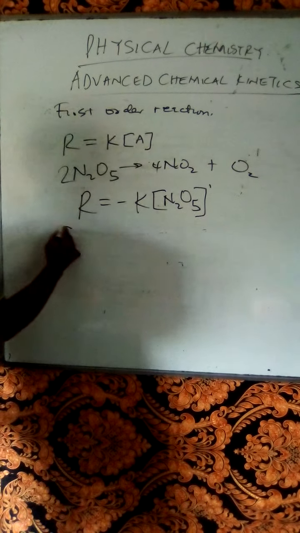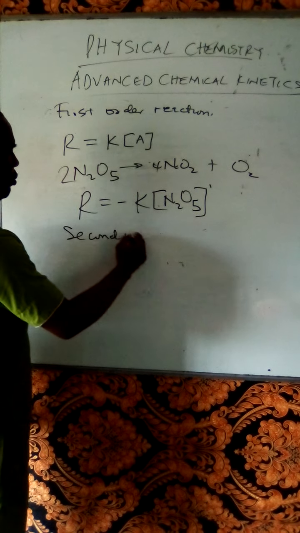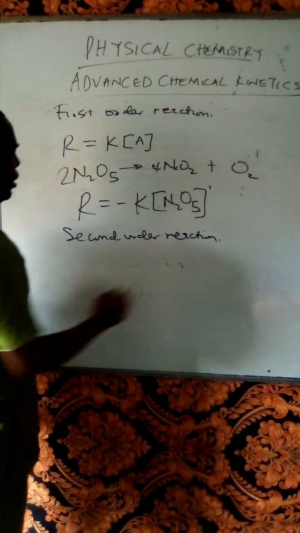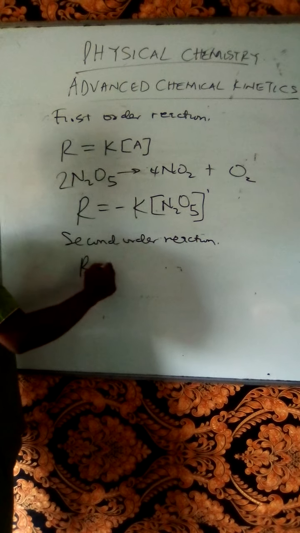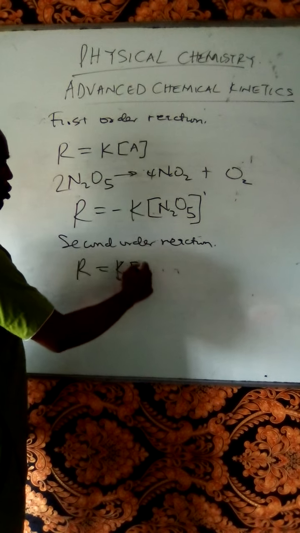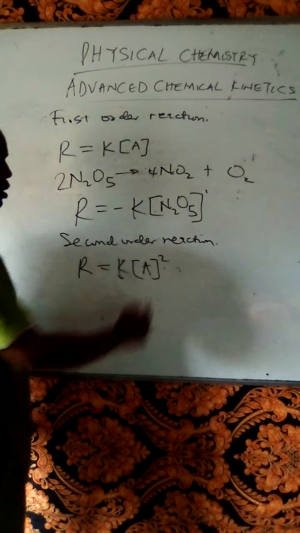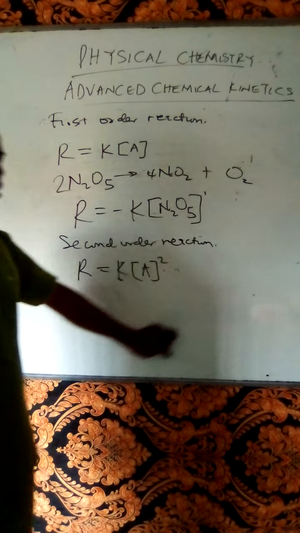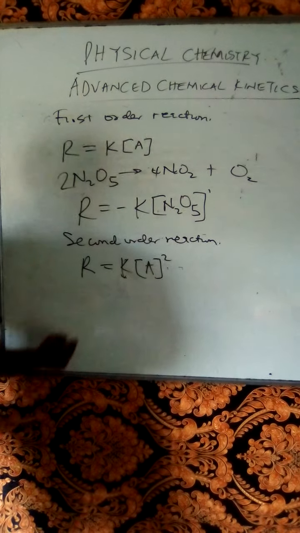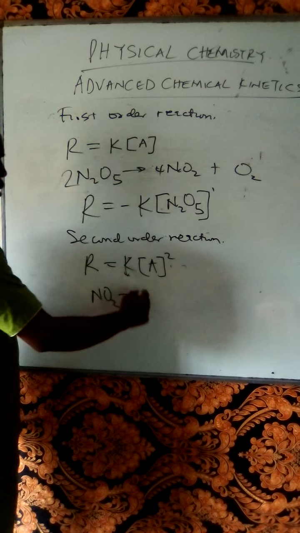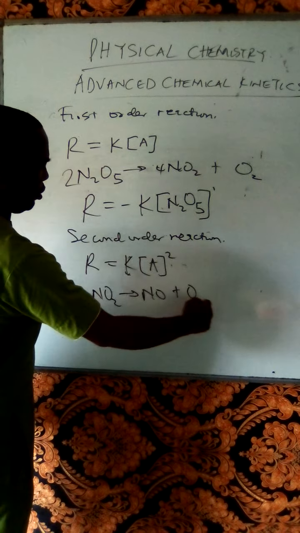Then we have second order reaction. In second order reaction, the rate is directly proportional to the concentration of the substance raised to power 2. We will now call this one second order reaction. An example of second order reaction is the decomposition of nitrogen 4 oxide, NO2, giving us NO and oxygen.